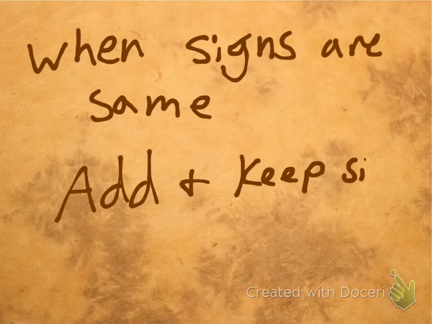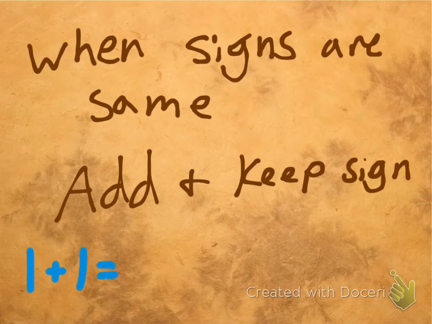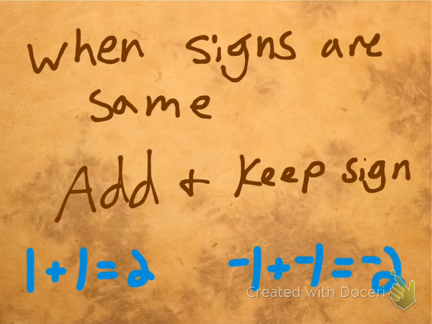An example would be 1 plus 1 is 2, because a positive 1 plus a positive 1 equals 2. A negative 1 plus a negative 1, signs are the same, we add, and we keep the sign.